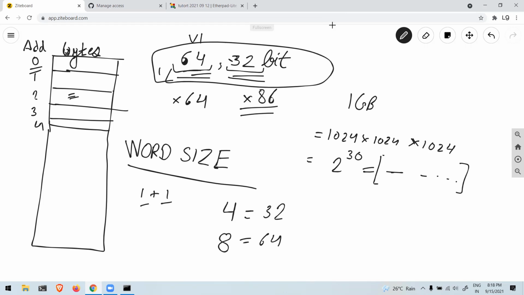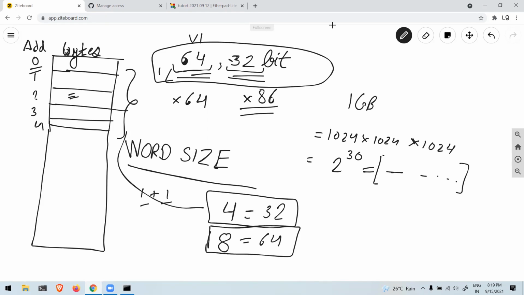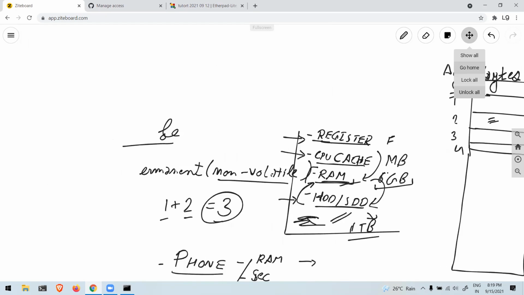A processor with a word size of 32 bits can do operations, or load memory from your RAM, in chunks of 4 bytes. It will directly load 4 bytes in one shot, whereas a processor which uses a word of 8 bytes will load 8 bytes of memory in one shot into its word.